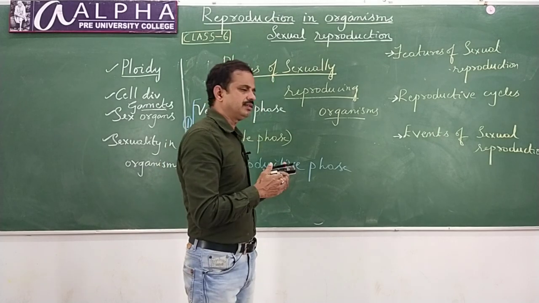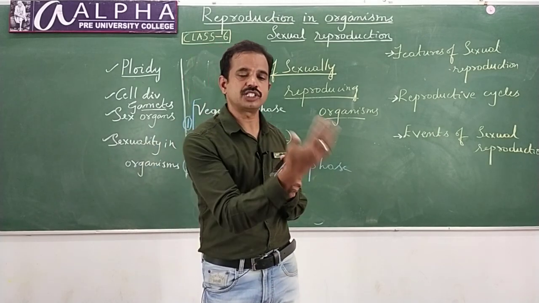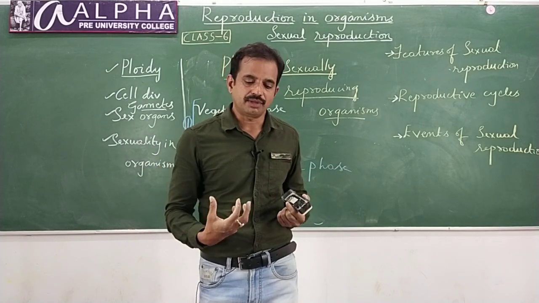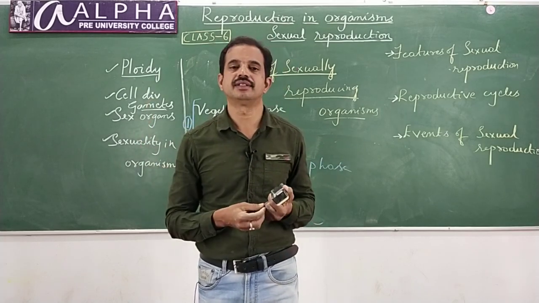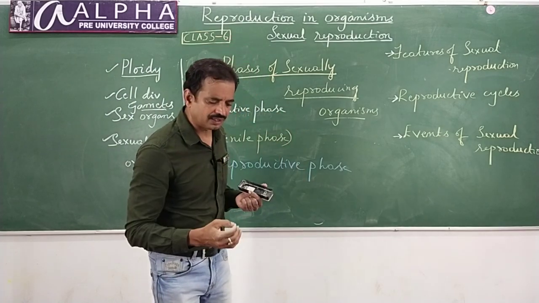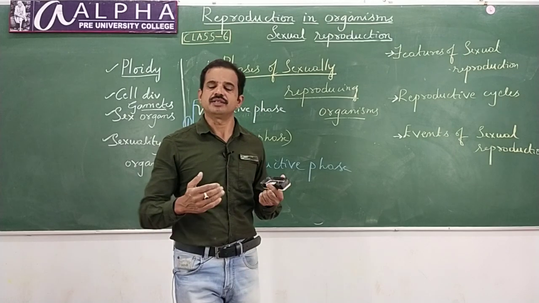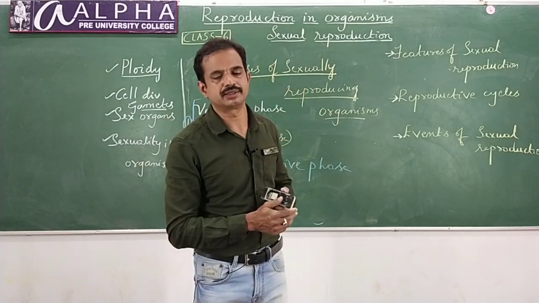And after the reproduction, when the period of reproduction is over, the organs of the body of the plant or animal will start to lose the vitality, the physiological efficiency. They start to deteriorate. The phase when the physiological efficiency in the body of the organism comes down, there occurs the deterioration of the organs.